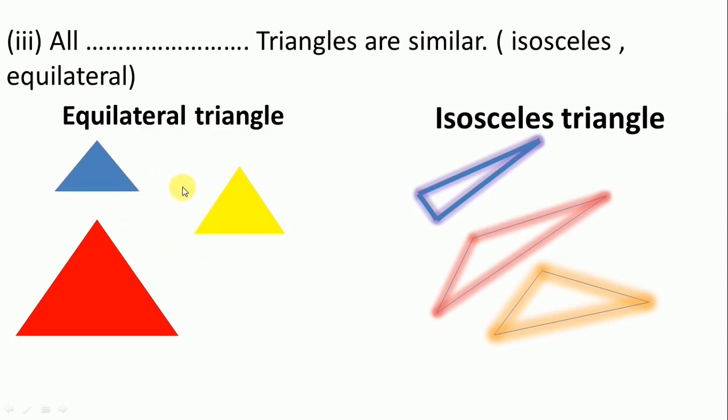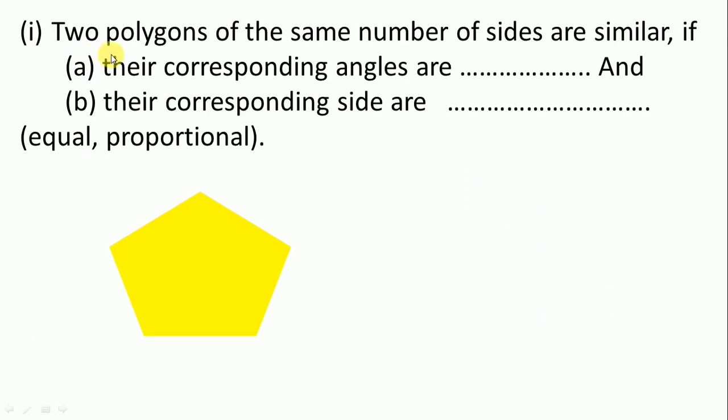So equilateral triangles are similar. If we see in isosceles triangles, the shape of the triangles are different. So we can say that equilateral triangles are similar. So write equilateral here.